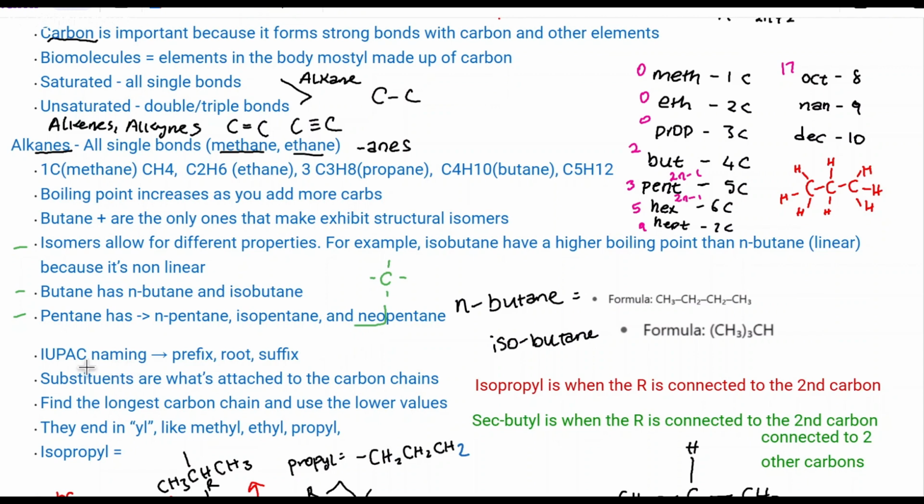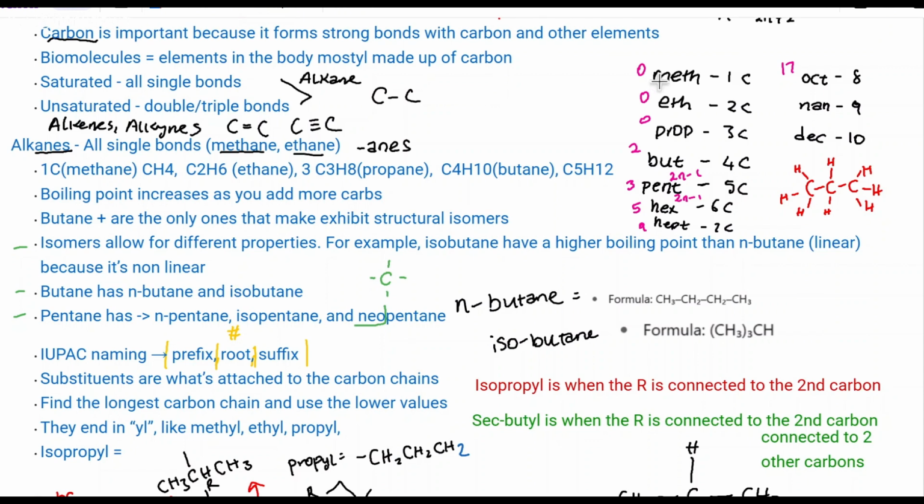Anyways, the naming is going to stay the same for nearly every other compound. So it's going to be prefix, root, and then suffix, where usually the suffix is the end of the compound you're trying to name. Like for example, alkane, suffix is ane. Almost, if not all, the compounds end in ane, because that's the suffix of the actual compound. And then the root is the number.